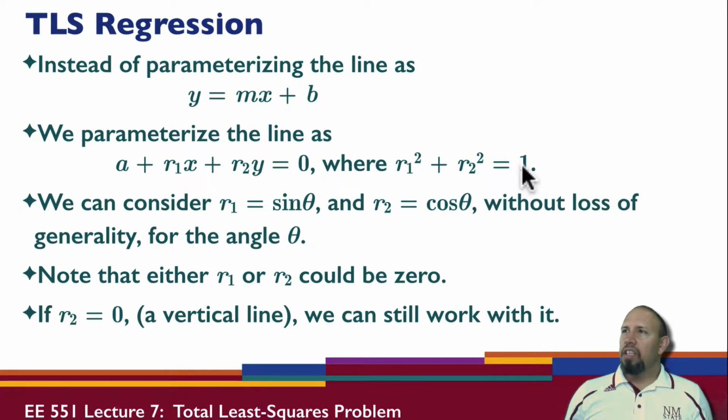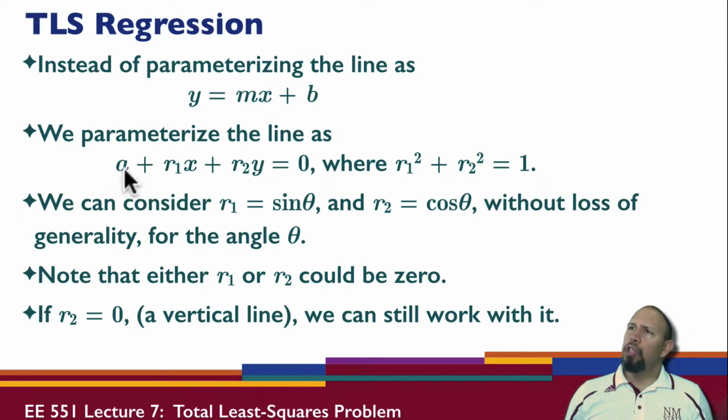Okay, so this is a little bit different. We could say, for example, that r1 is equal to sine of theta, r2 is equal to cosine of theta, and so we can say this in general for the angle theta. So that would be one way of making sure that this is the case, and so then we would vary theta in all of this.